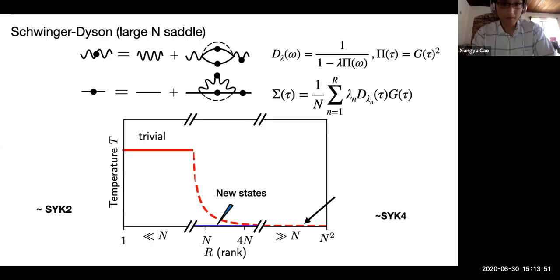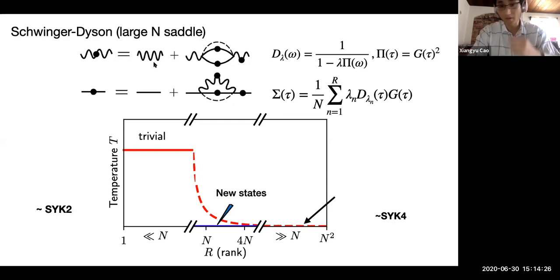Okay, so as usual, it's a large N model, and it can be exactly solved by dynamic mean field theory, also known as Schwinger-Dyson equations, which describe large N saddle points of the action. You can understand this quite well pictorially. Here the wavy curve is a boson propagator, this Hubbard-Stratonovich boson.